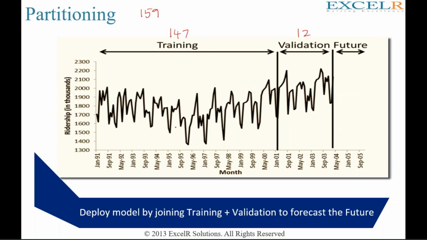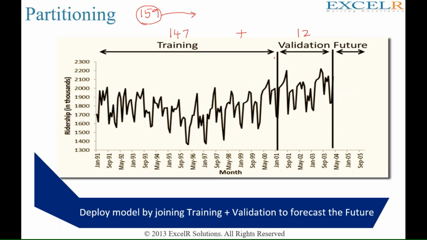Once you build a model and you're convinced that its accuracy is good, and you want to use the model for future purposes, we combine the training and validation data and use all the data points to build a model for future use. When you use all the data points, you would not be able to gauge the accuracy of the model.